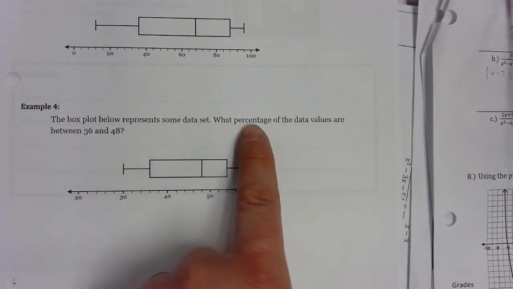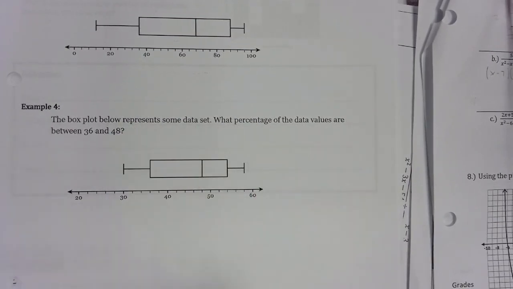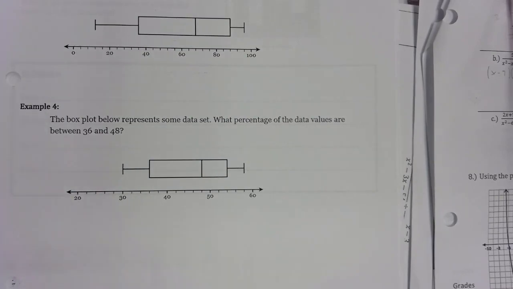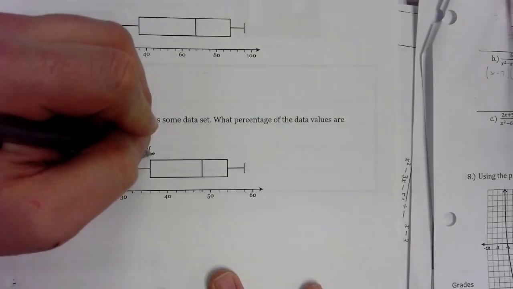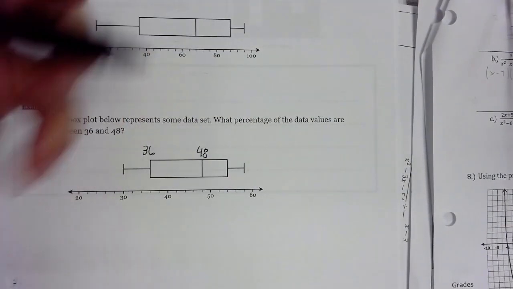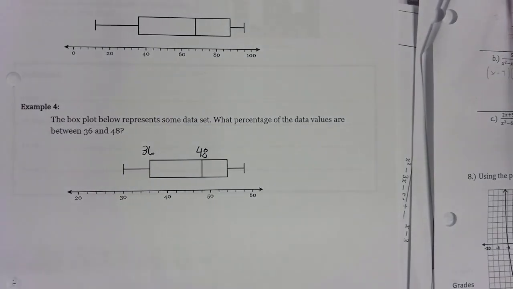Not 66%. 67? Think about again how we talked about how this box and whisker plot is always broken up. We said it's a quartile, right? So how many even sections are there in a quartile? 4. So that means this section is 25% of the data.